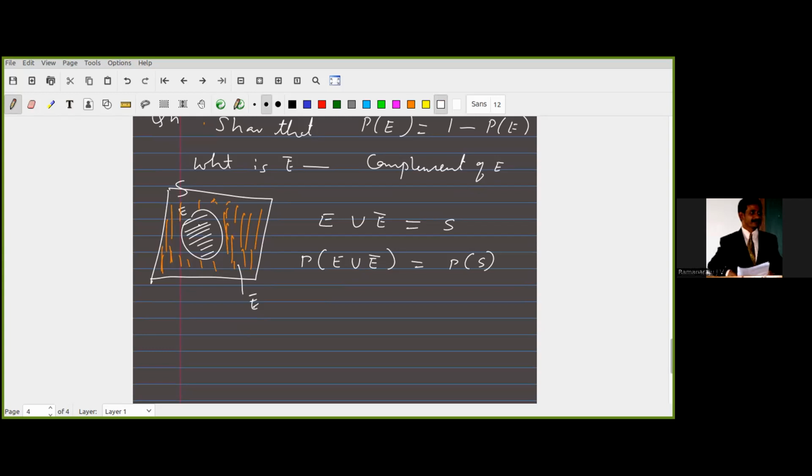Whatever is there in E is not there in E bar. So we can say P of E plus P of E bar is equal to P of S.